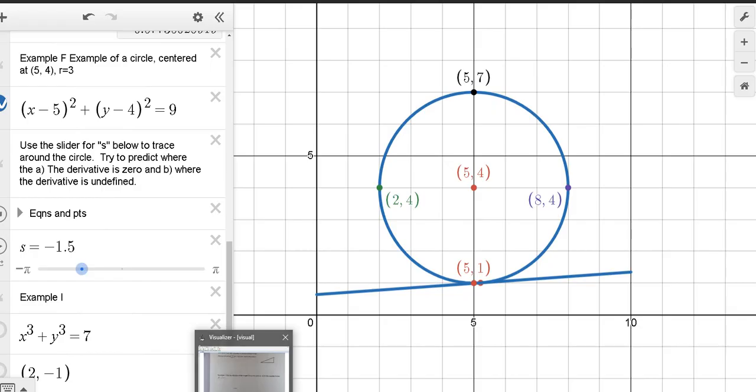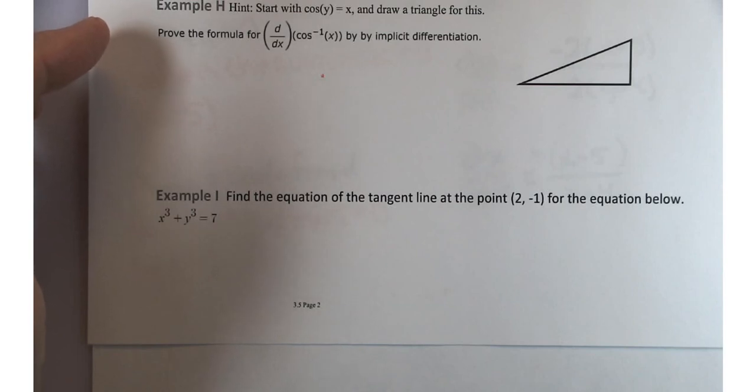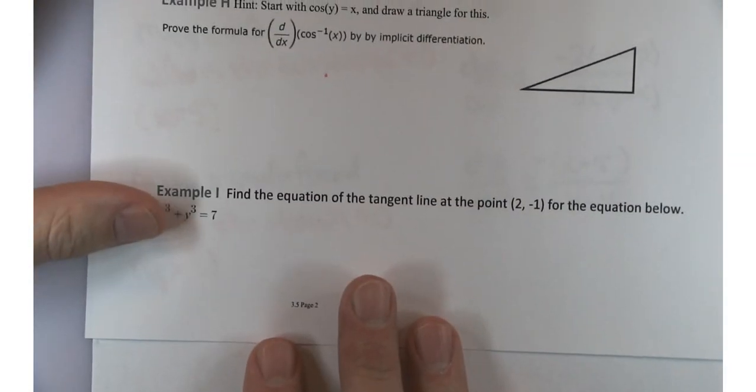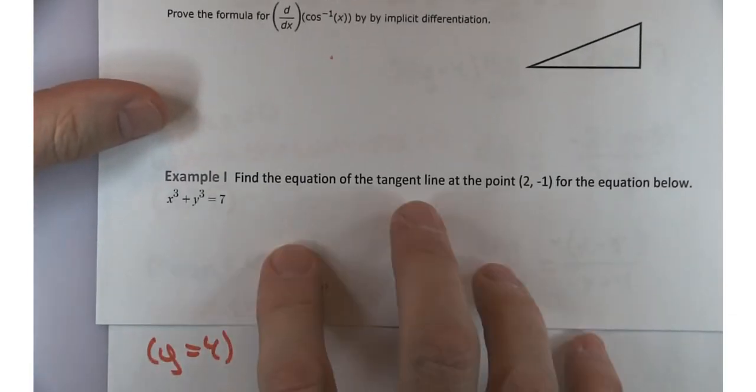What do I want to do? Actually, you know what? Maybe I want to change up that order. Let me think for just a second here. Let's do an easy one first. I'll let you try it.